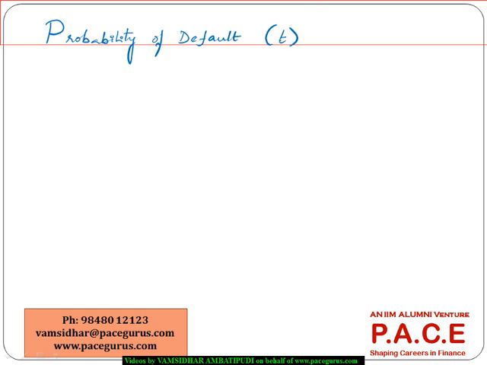The probability of default is always associated with a specific time horizon. It could be looked at as from now up to time period t, what is the chance of default, or from t to t plus 1, between t and t plus 1 years, what is the chance of default.